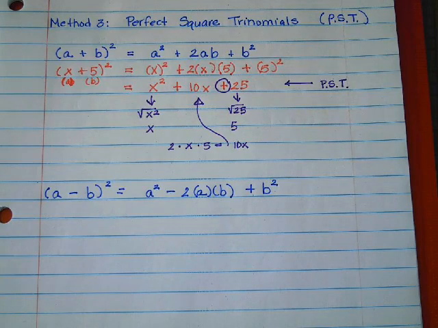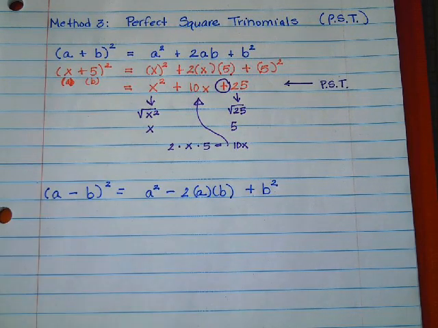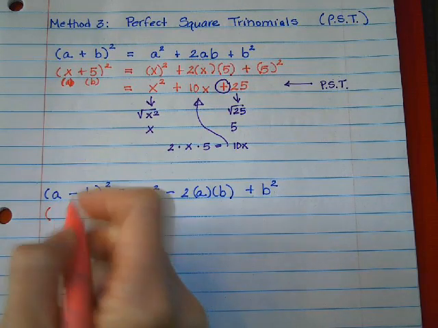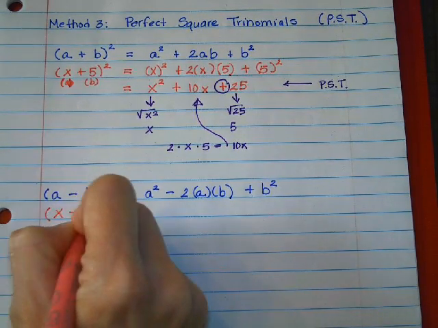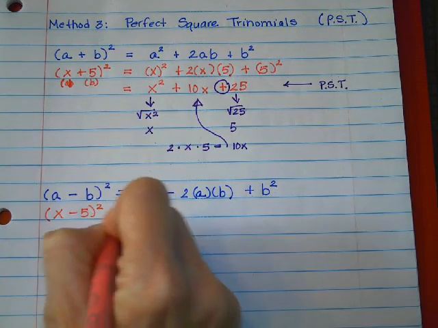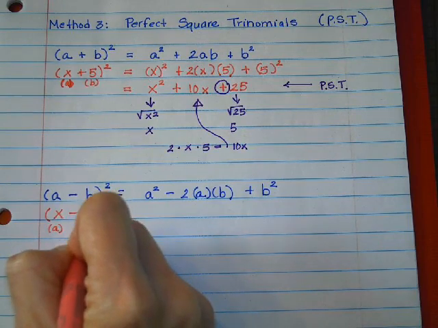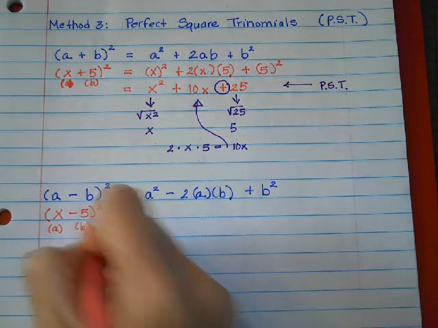All right, so now we're going to pick just another one to try. We're going to use the different values. We'll do x minus 5. We'll keep the same numbers, but just put minus. So we're going to take our A value, which is x, and our B value, which is negative 5.